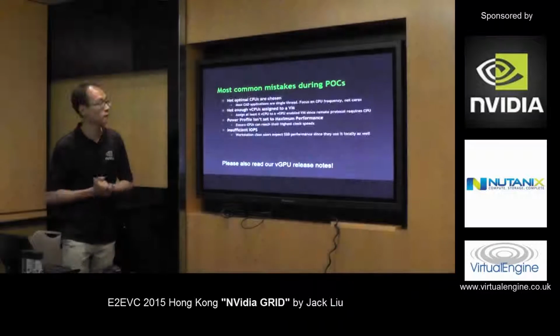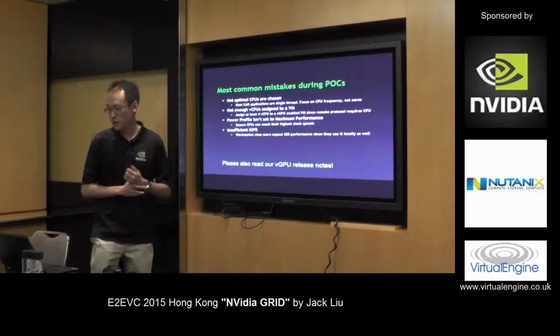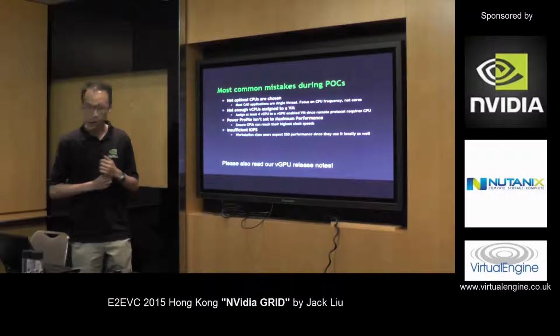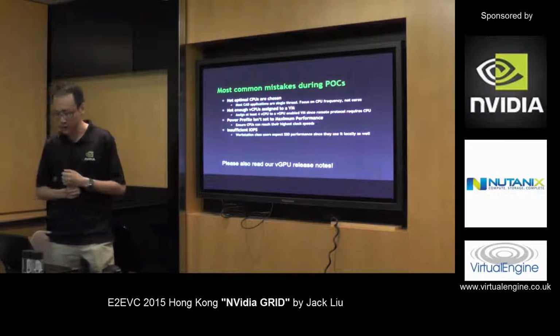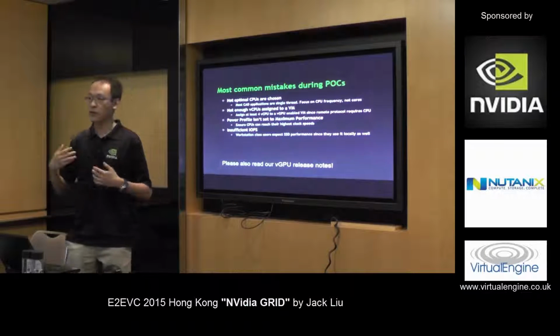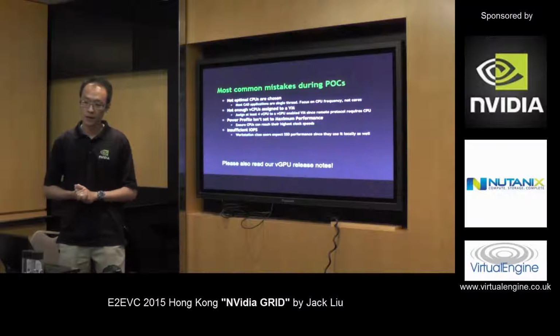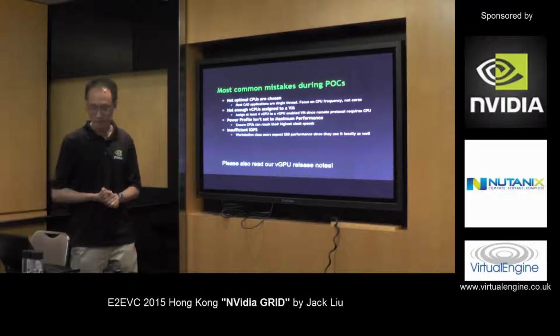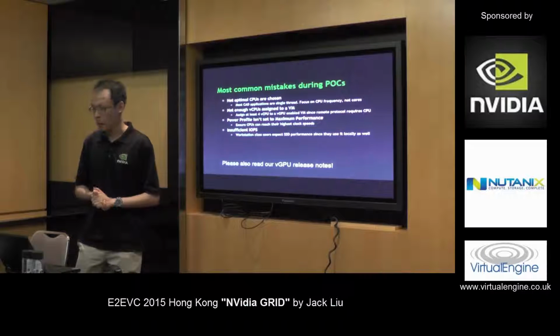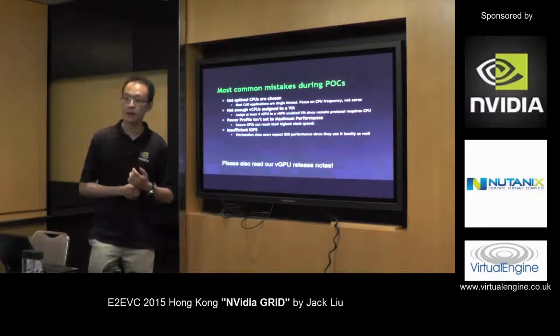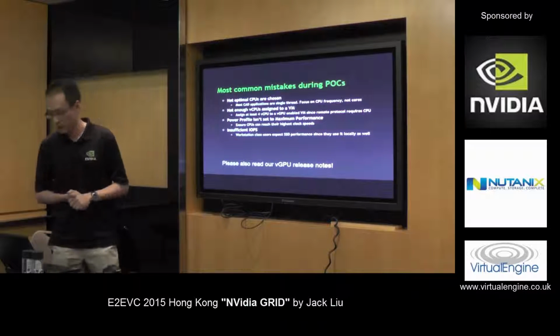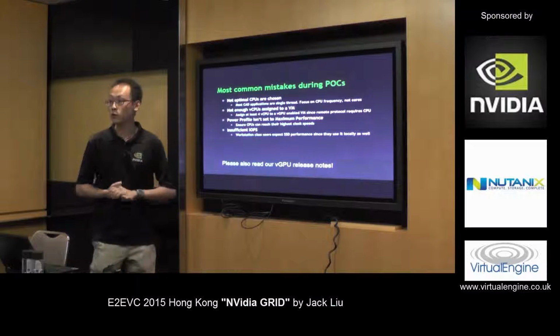And there are some common mistakes during POCs. The first one is CPU, especially in the industry we're working with. Almost all the manufacturing software, like CATIA or NX old versions, only utilize a single thread.